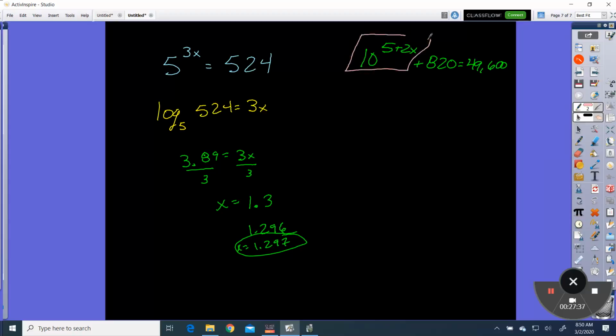Anyways, here's the next problem. This is the stuff that has the variable, right? What do we do when we have the stuff with the variable and we have plus something with it? Say I had 3x plus 5 equals 7. What do you normally do? Yeah, you'd minus the 5 over, right? Well, it's the same idea. You want to get that stuff with the variable alone, so I'm going to minus the 820.